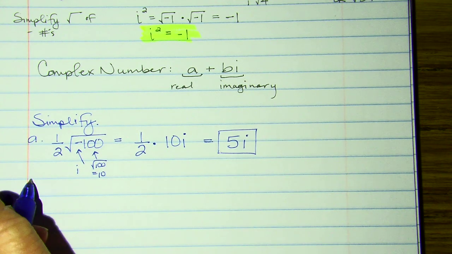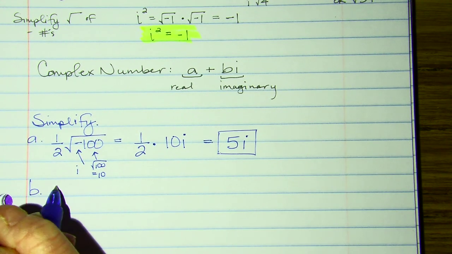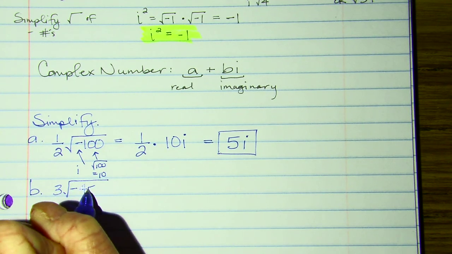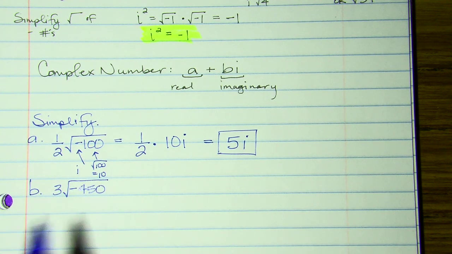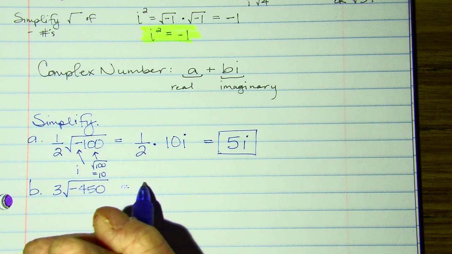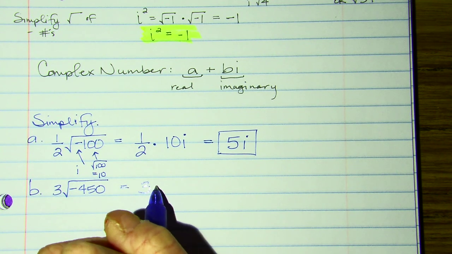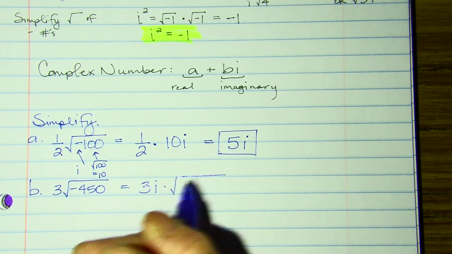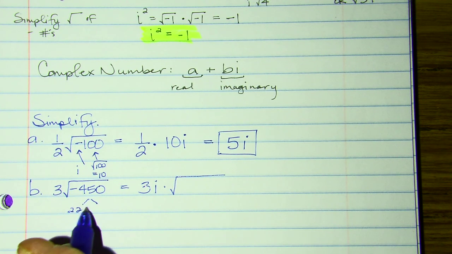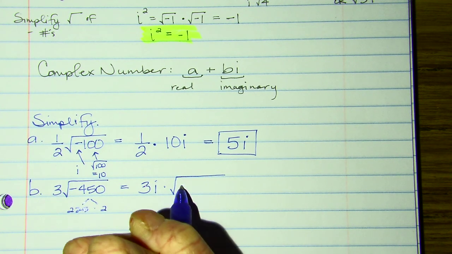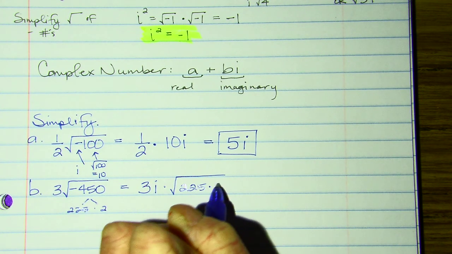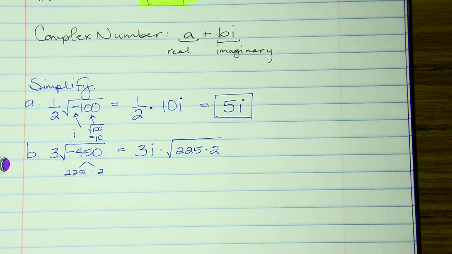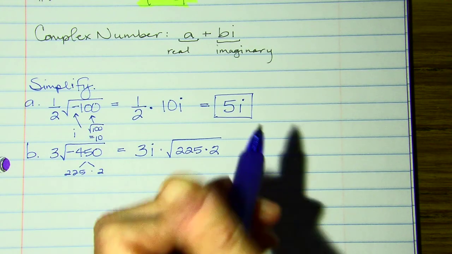Part B, 3 times the square root of -450. So I'm going to simplify this. I have 3, I'm going to take the i out, times the square root of 450, which is 225 times 2. The reason I'm using 225 is that 225 has a perfect square root.